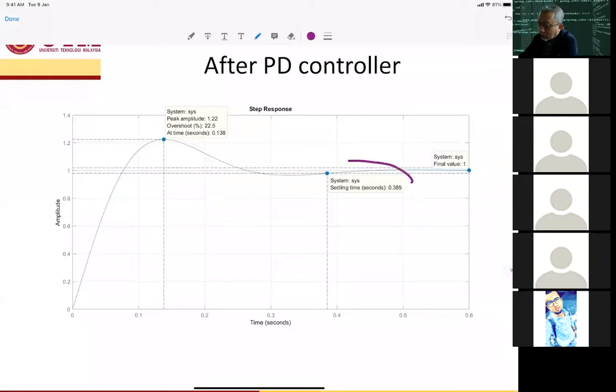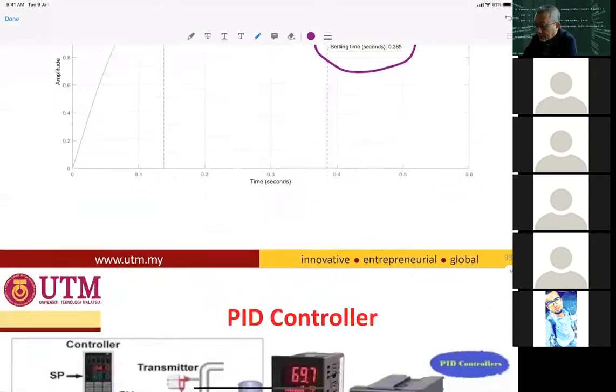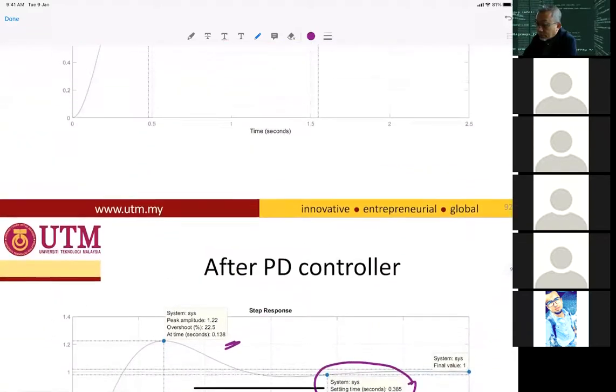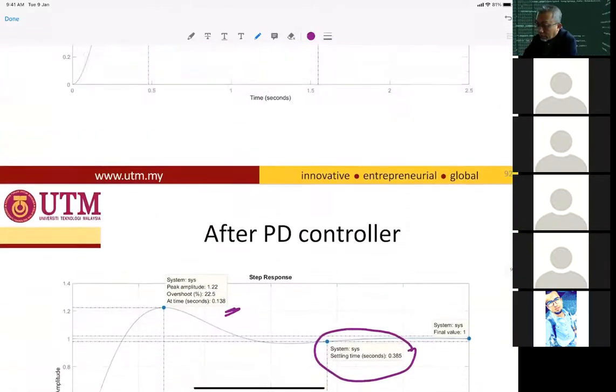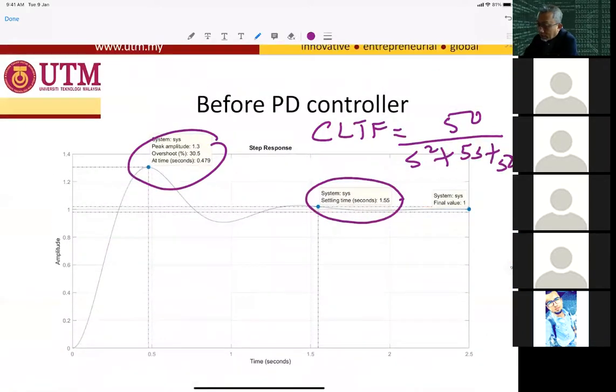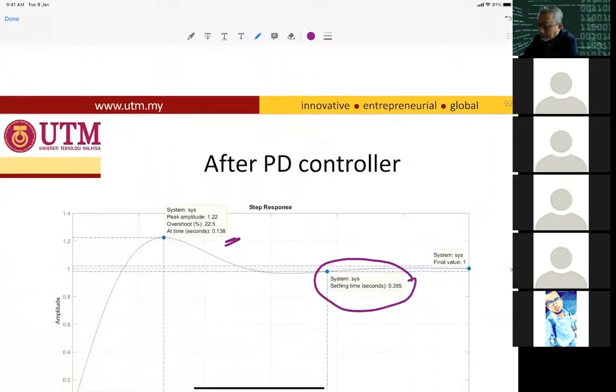So you will get a shorter settling time at 0.385 and peak time at 0.138 seconds. Okay. So when you superimpose, this one will become much faster compared to the previous one.